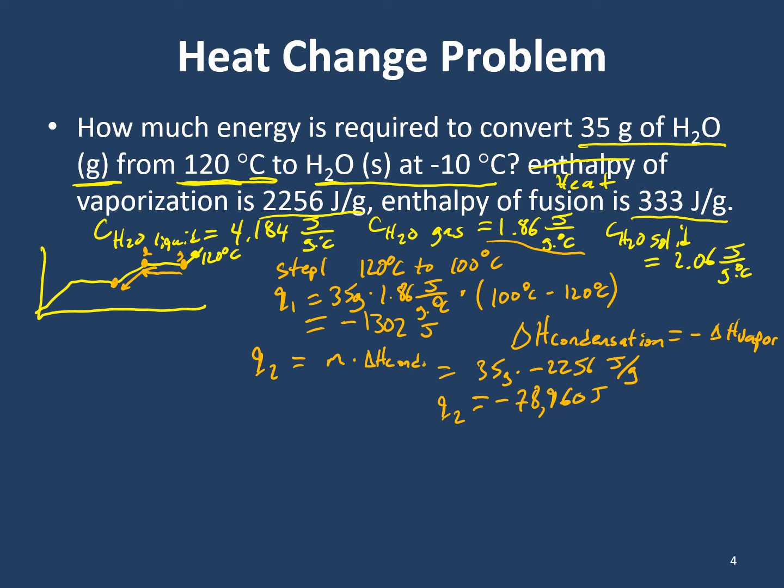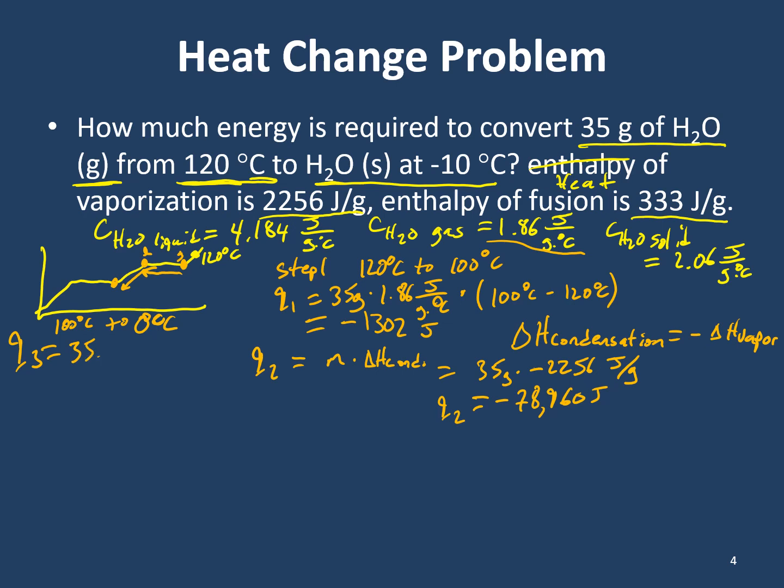All right, so the next step is going from that temperature at 100 degrees Celsius to 0 degrees Celsius, because 0 is the freezing point now of my water. So Q3 has to be from basically going from 100 degrees Celsius to 0 degrees Celsius. And now we're in the liquid state, so we're going to use the liquid specific heat.